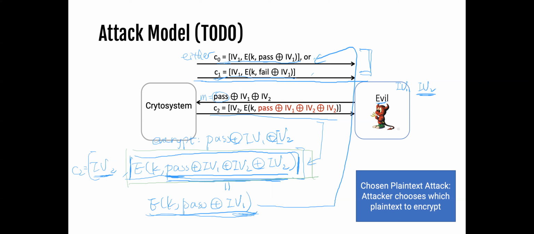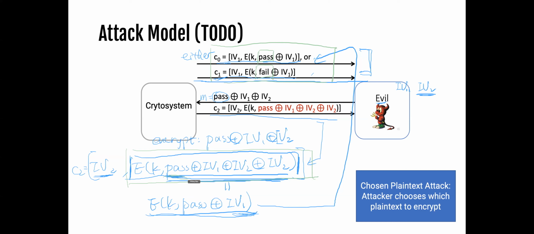I think one thing that you may understand wrong is that Evil doesn't know exactly what the previous message is, but Evil knows that this message is either pass or fail. So there's only two options over there, like the previous one. It's either the plain text is pass or fail. So what Evil does is he just chooses one of these possibilities, one of the options, which here I just put pass over here.